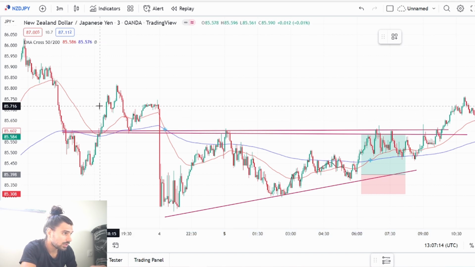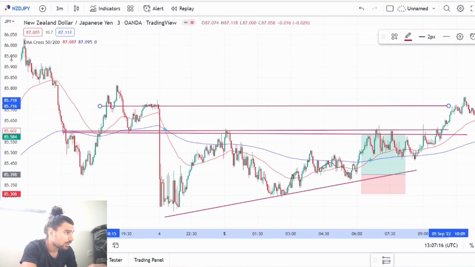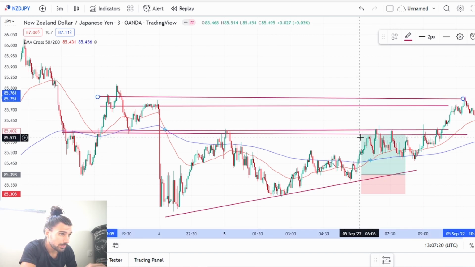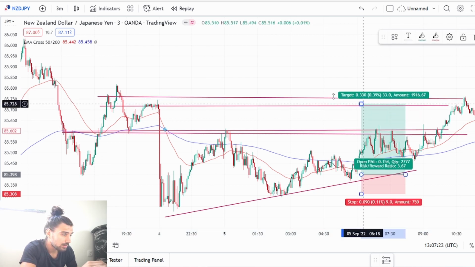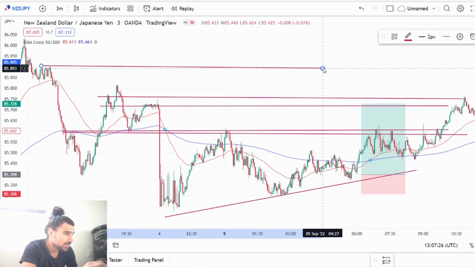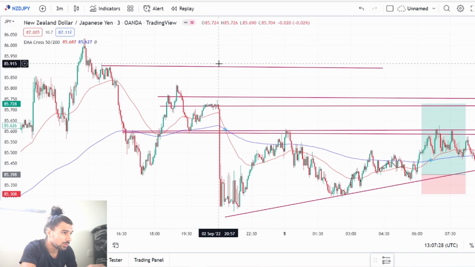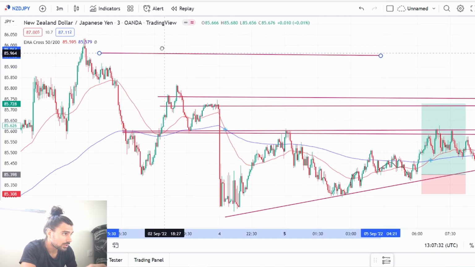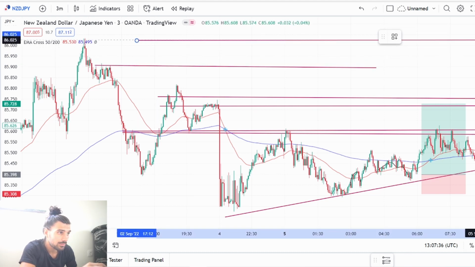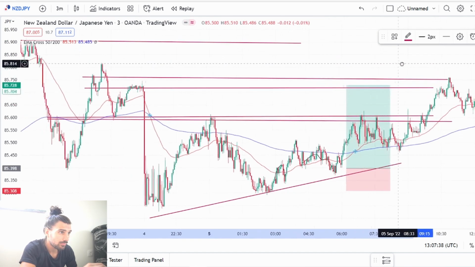Second target here, this area right here, which would be 1 to 3.5. Then maybe this area, depending on the move, the market might here just break through and then target here this area. We can take this one as a take profit as well.